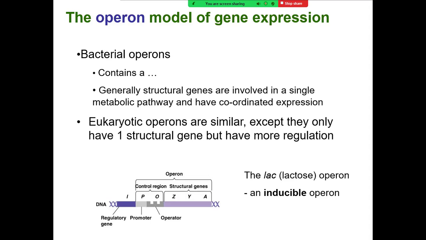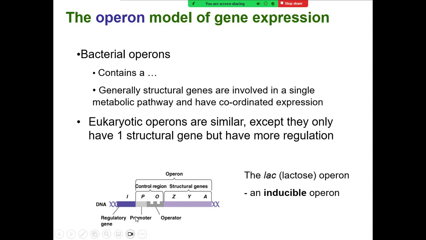In the operon, we also have other DNA regions which control the expression of the structural gene. One of them we've already talked about. That's the promoter. The promoter codes for the binding of RNA polymerase to the DNA.